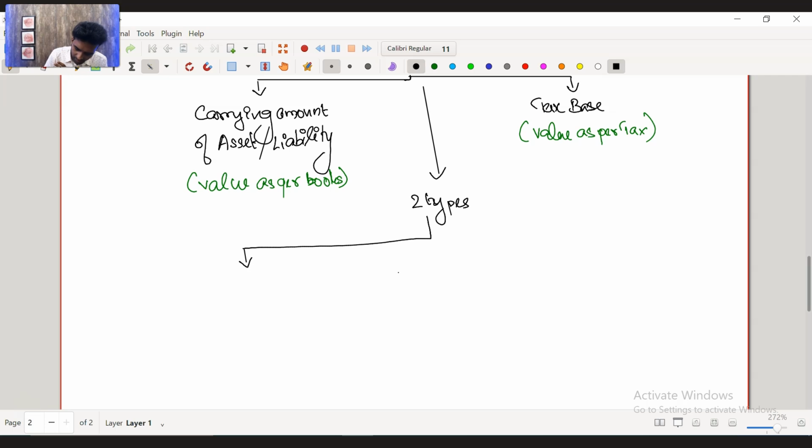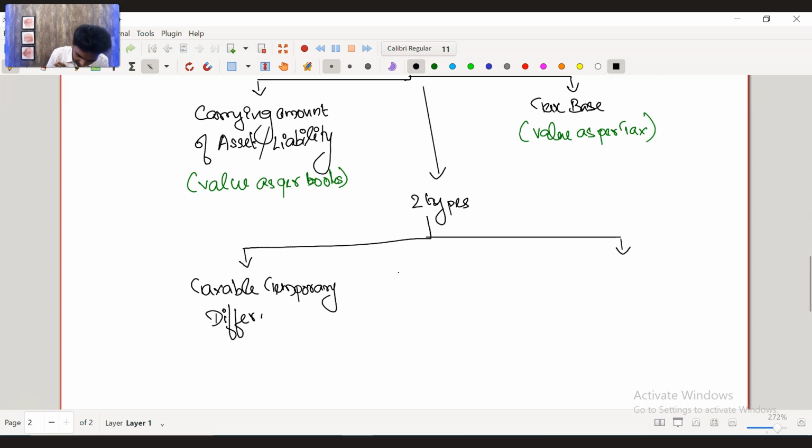One is taxable temporary difference, and there is deductible temporary difference.